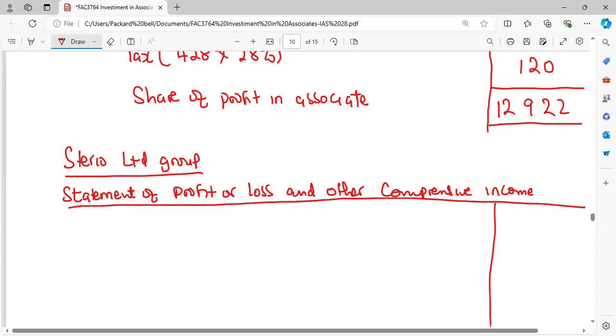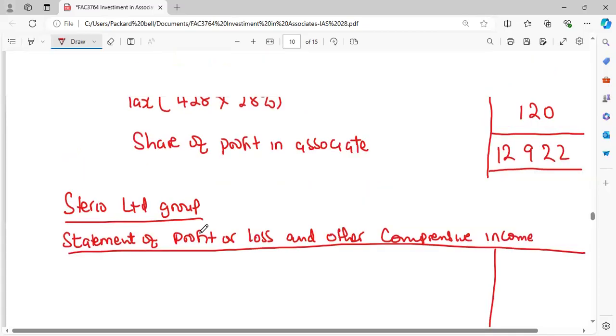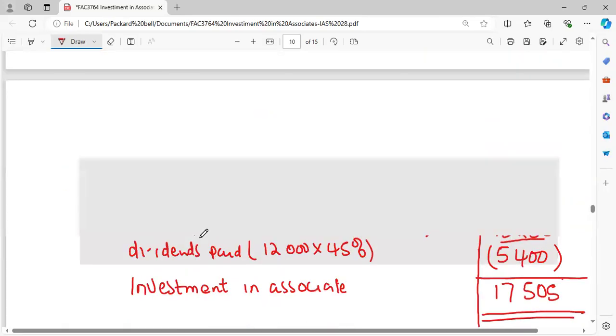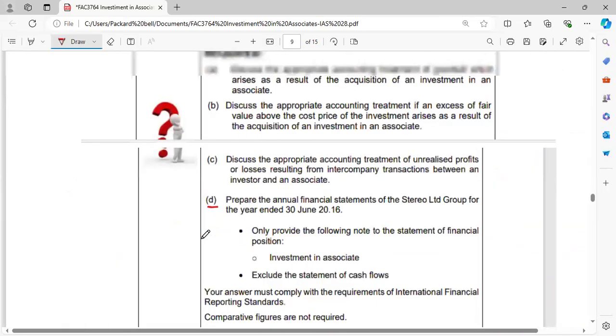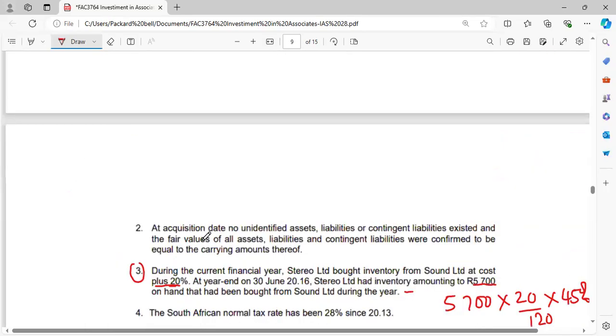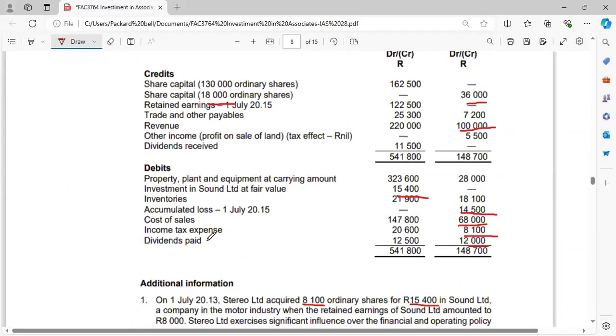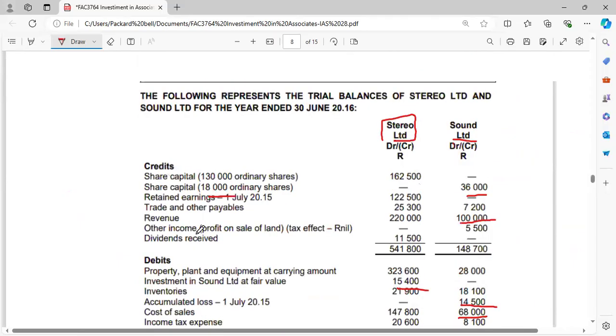Right, so we need what there? So we just come here and look for... remember here the equity method says the line item for the associate is only going to be the share of profit in the associate. So what we take now is going to be for the investor.